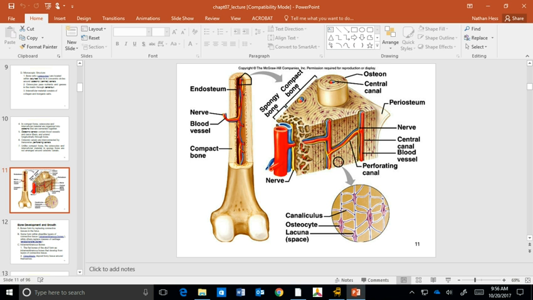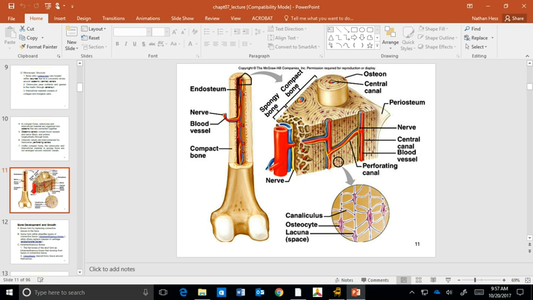Remember, we're zoomed way in here, looking at the microscopic structure. On a macroscopic level, you're correct: the big space in the middle is called the medullary cavity. You with me, friends? And if you zoom in even further, there are these tiny canals called canaliculi. It's Latin for really tiny canal.